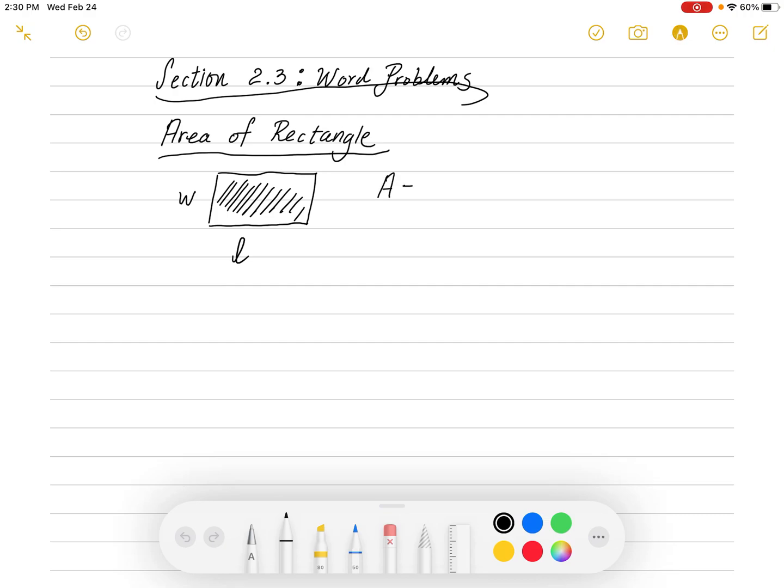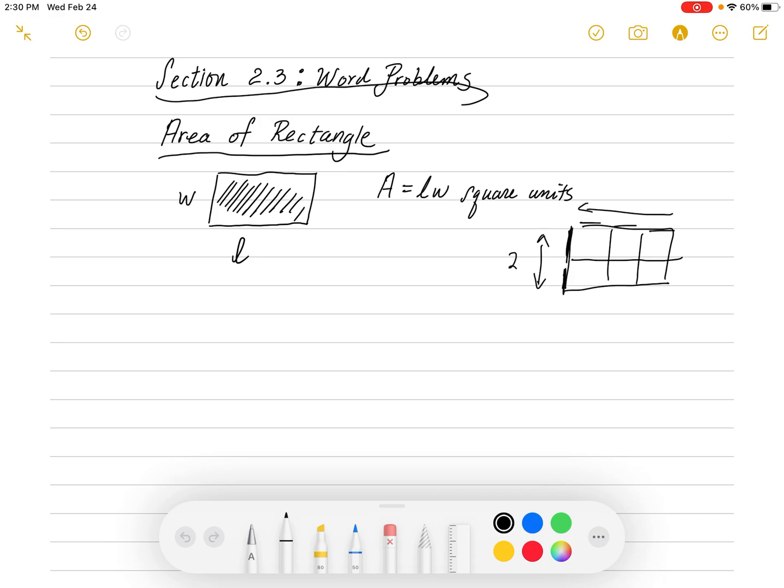We use the formula area equals the length times the width. This is always in square units. So for example, if you had a rectangle that were 2 units by 3 units, the length here is 2, and the width here is 3.